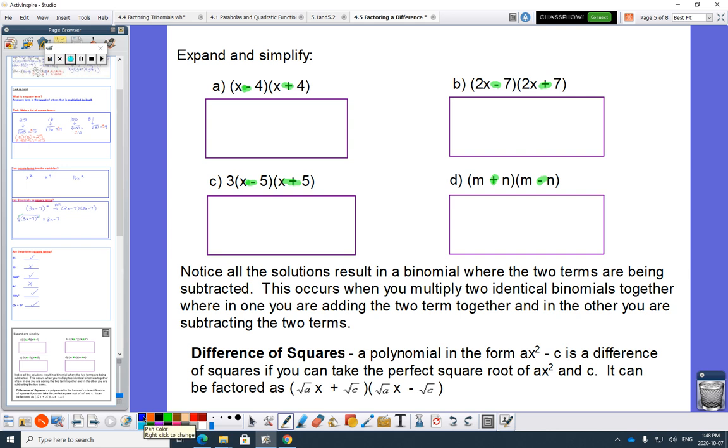It just has to be that one binomial is positive and the other one is negative. And you guys have already seen this because we've already FOILed. So if you FOIL, first is x squared, second is 4x, the inside negative 4x, negative 4 times positive 4 is negative 16.